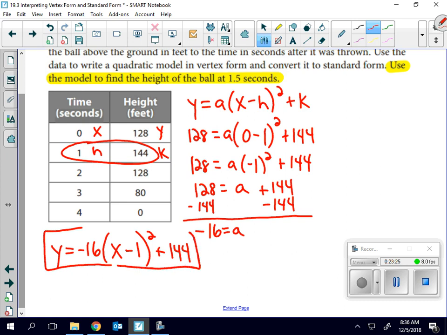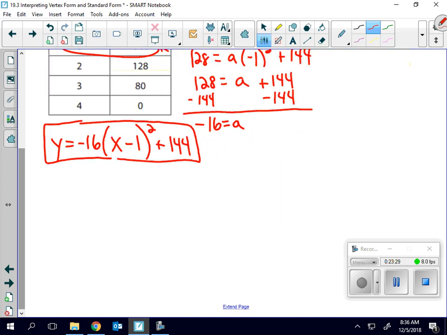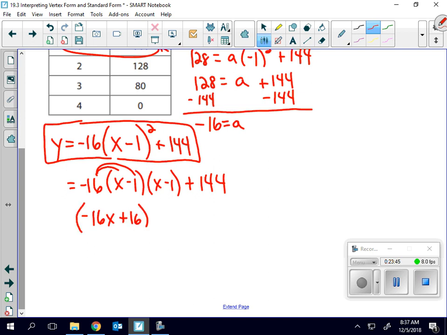They wanted us to also change that to standard form. So let's write that out. That's going to be negative 16 times x minus 1 times x minus 1. Good practice on foiling here. I have negative 16x plus 16 being multiplied to x minus 1.